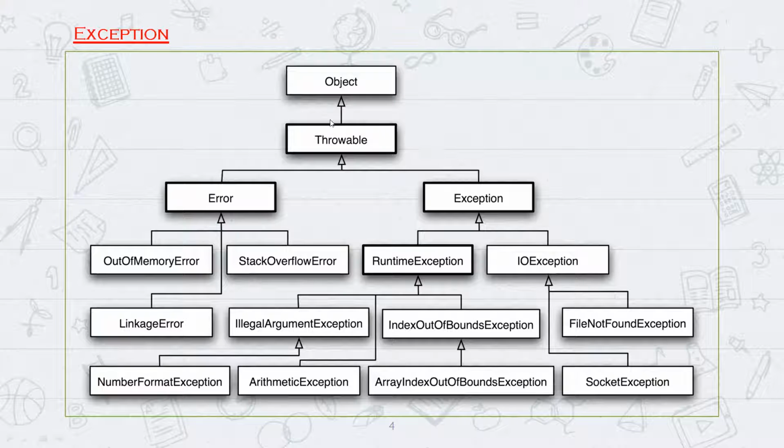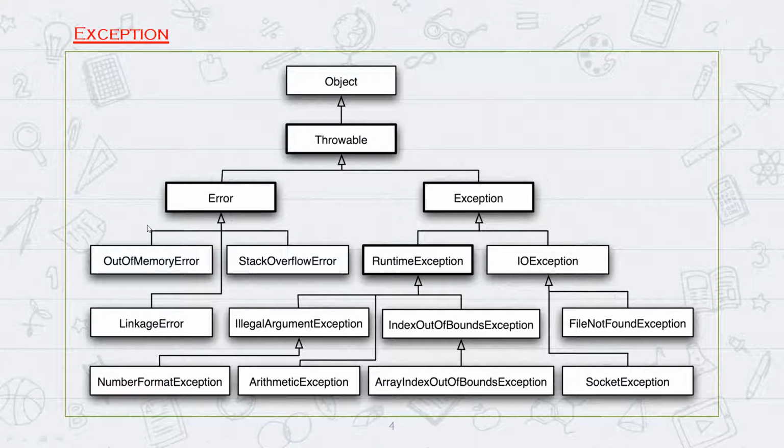I'll just explain. Try to understand and make very few notes of these things. It would be very helpful. Think of Error this way: the JVM will actually throw some errors. The error is not in our control. You can handle it, but it's not in our control. It is controlled by the JVM.